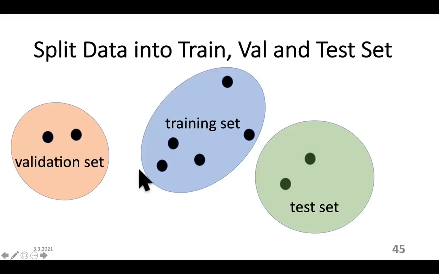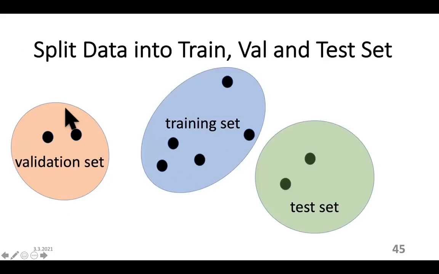So now we have all sets that we need, which is a training set to train a model using empirical risk minimization. Then we need a validation set on which we validate the hypothesis that we get from training on the train set.